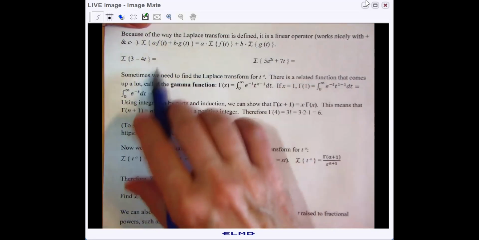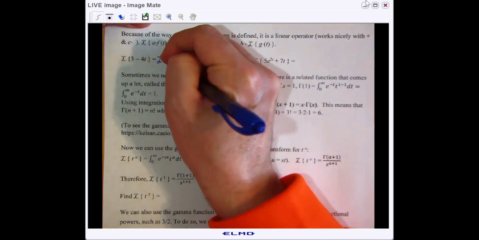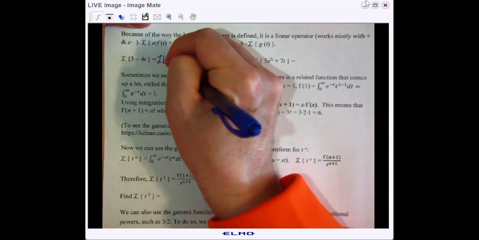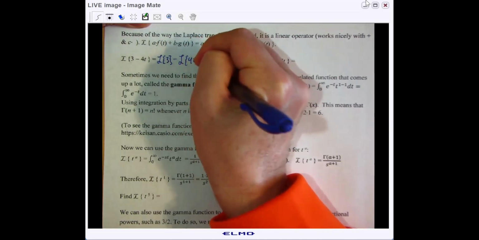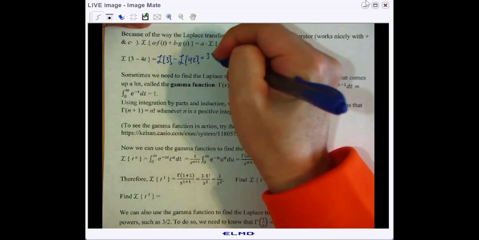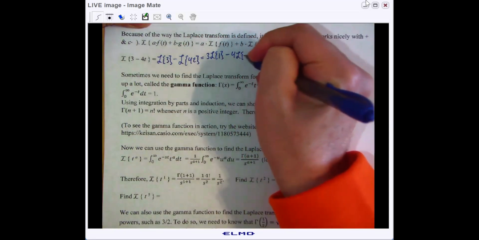So that allows us to take harder problems and break them down into easier to manage pieces. So this is the Laplace transform of 3 minus the Laplace transform of 4t, but we can factor those scalars out. So this is 3 times the Laplace transform of 1 minus 4 times the Laplace transform of t.